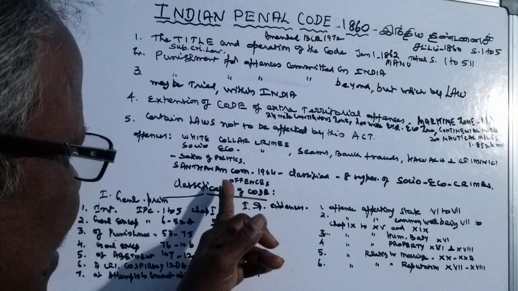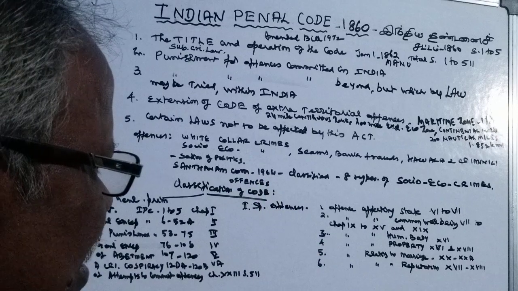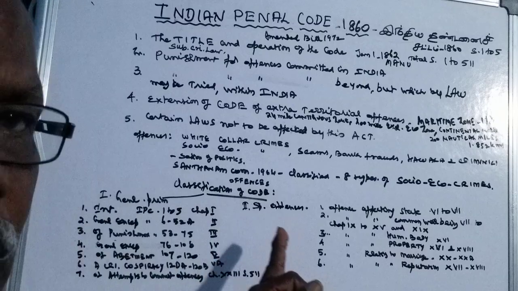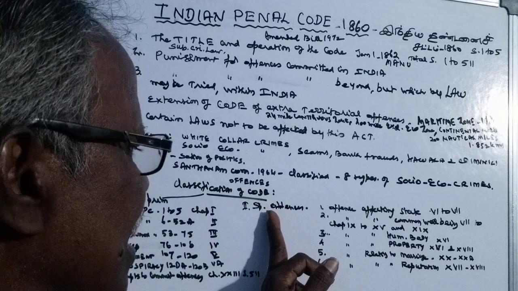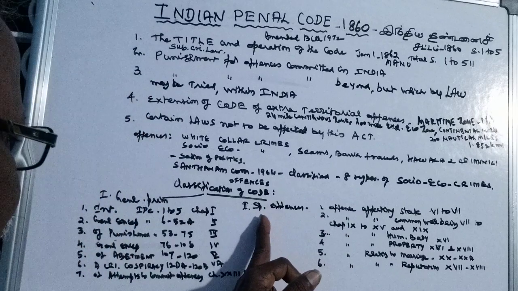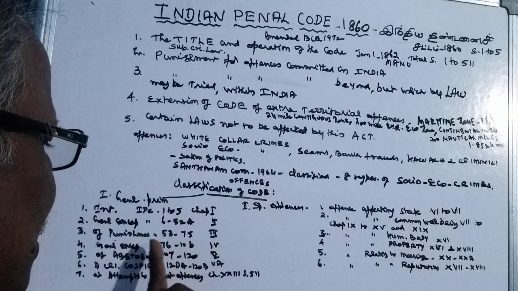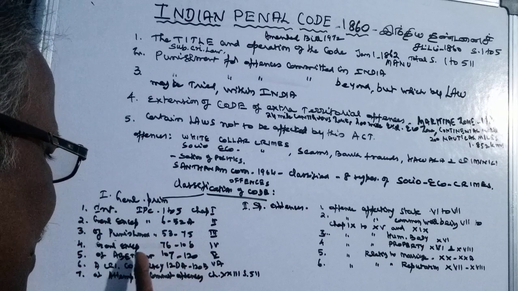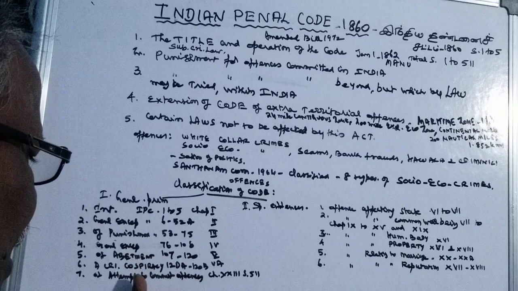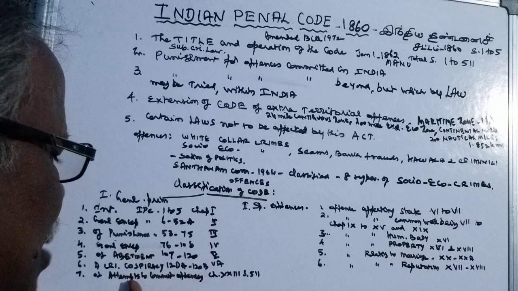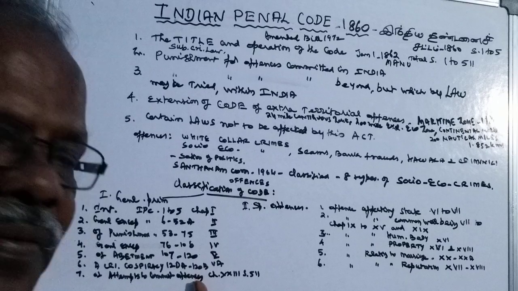As regards classification of the code, it is divided into 2 divisions. One is called general principles and the other is called special offences. General principles include introduction, general exceptions, punishments, abetment, criminal conspiracy, and attempts at committing offences.